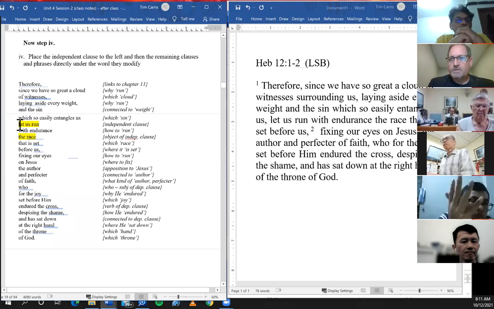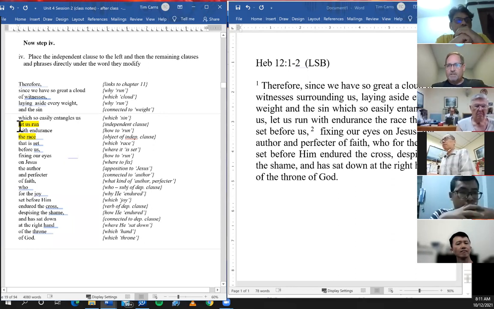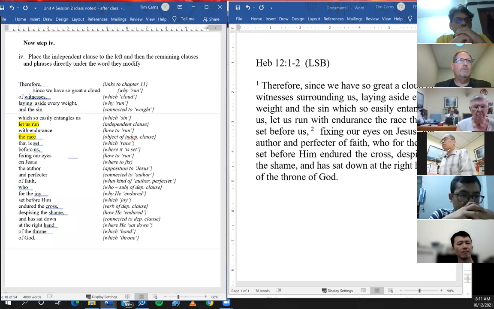What I do is I first look for my independent clause, which is here. The independent clause stays on the far left. Since is going to modify run. So here I notice where run is, and I'm going to indent since over run. Do you see that?